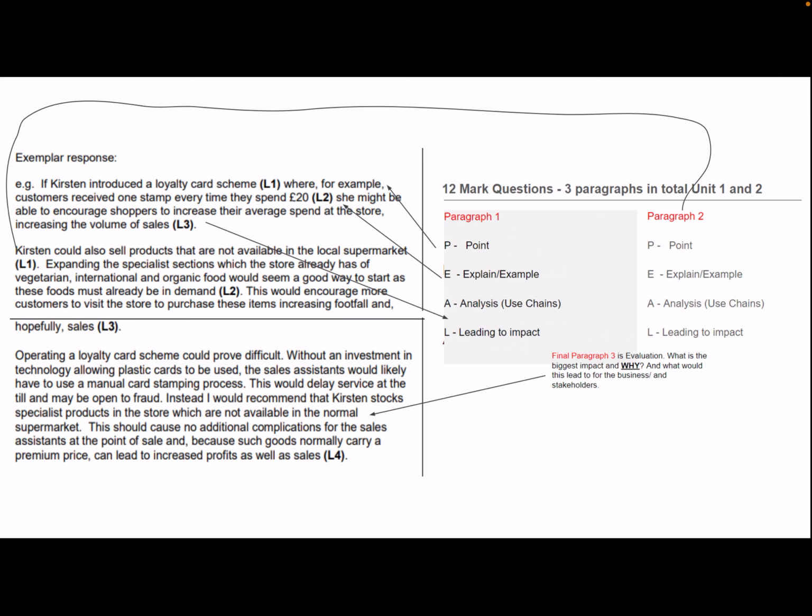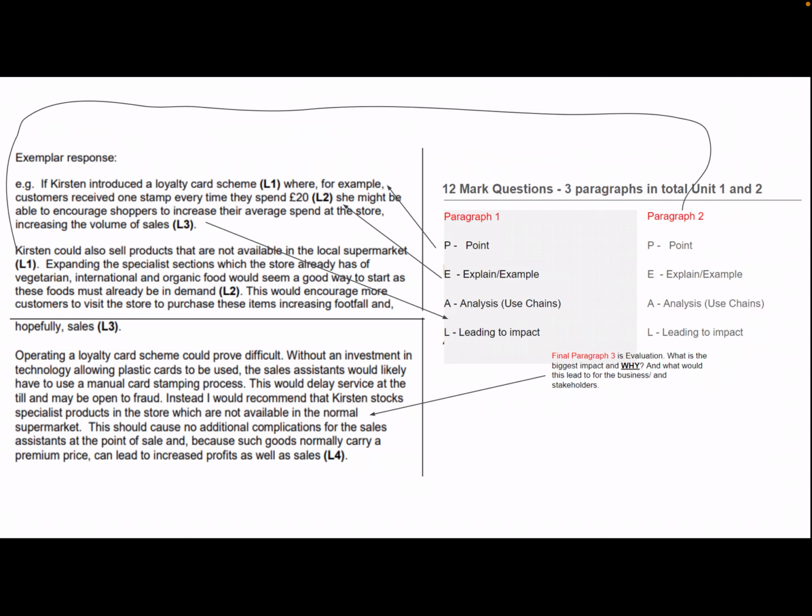We then go into our analysis. And remember, our analysis has to be talking about what it leads to for the impact for this business. So in this case, she might be able to encourage shoppers to increase their average spend in store, and this will then increase her sales volume.